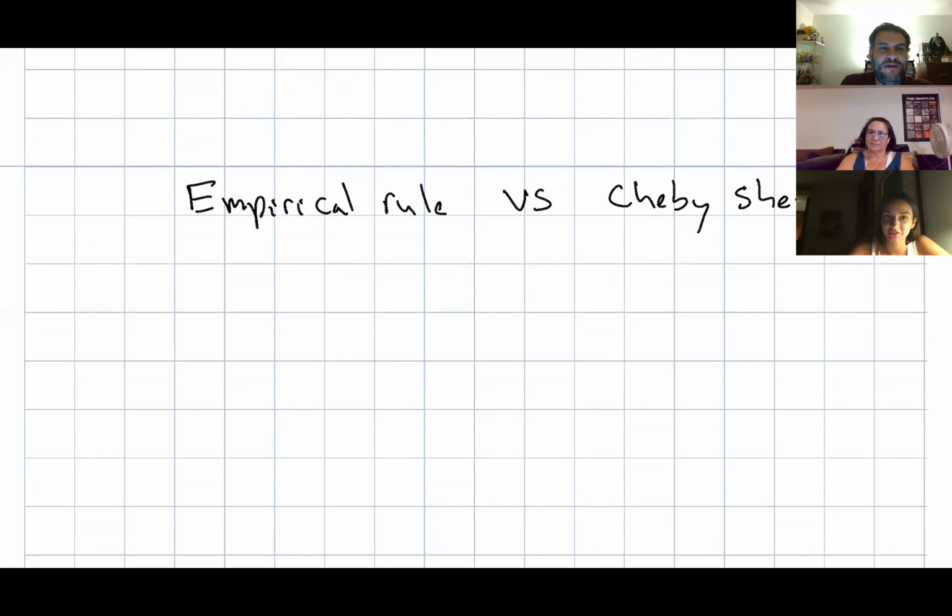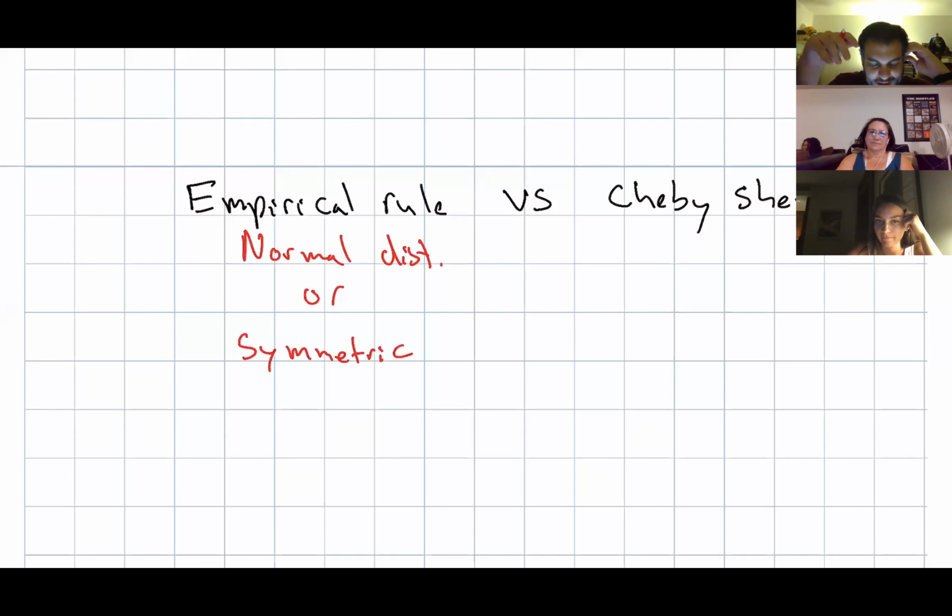So when we use the empirical rule, we have to know our data set has a normal distribution or is symmetric. So if I say the distribution is normal, or if I say it has a symmetric distribution, that's your clue to do the empirical rule.